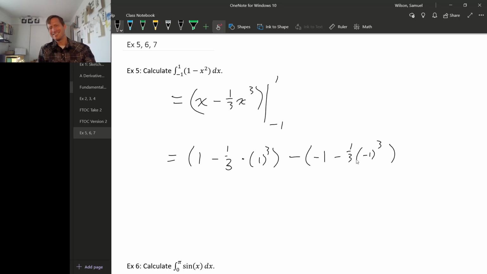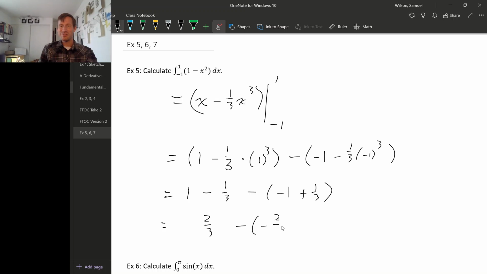Now the calculus is done, we just need to do some arithmetic. So 1 minus 1/3 minus -1 plus 1/3. This part is 2/3, this part is 2/3, and so we get 4/3 altogether.